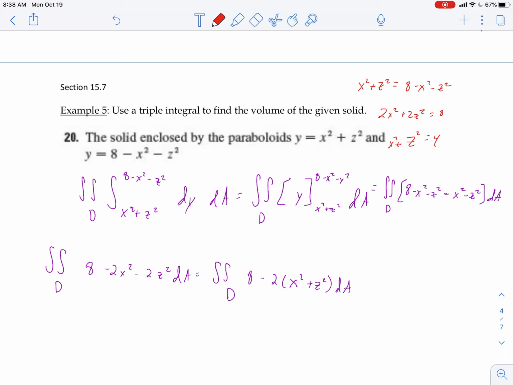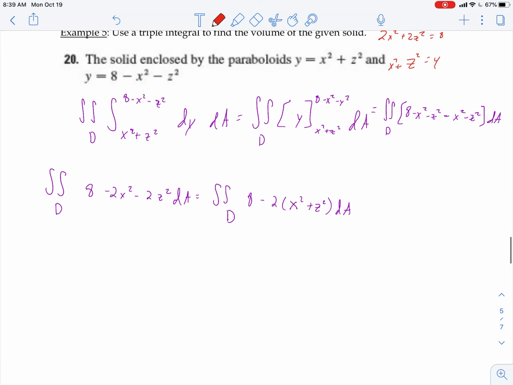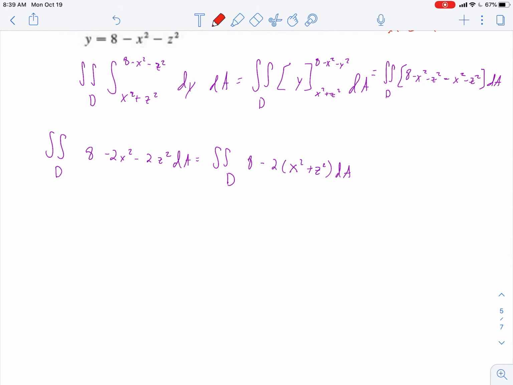Divide everything by 2 and we get x squared plus z squared equals 4. So there's the intersection. We can project this onto the xz plane, and we have a circle of radius 2. Again, I can say x is r cosine theta, z is r sine theta, and x squared plus z squared is equal to r squared.